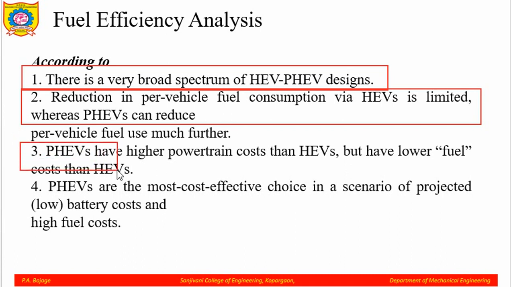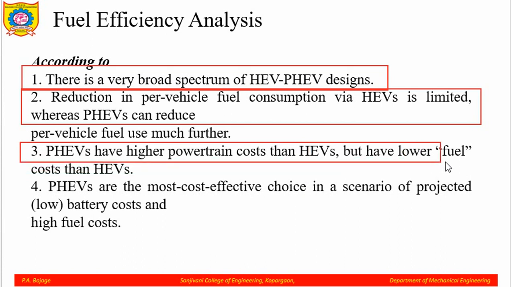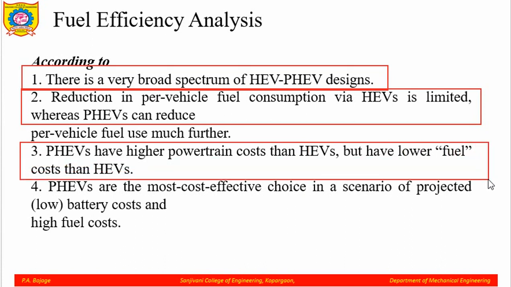Plug-in hybrid electric vehicles have higher power train cost than hybrid electric vehicles, but have lower fuel cost than hybrid electric vehicles. So plug-in hybrid and hybrid electric vehicles are different, because a plug-in hybrid can also be used as an electric vehicle without using the engine, and as and when required, the engine can be started and used.